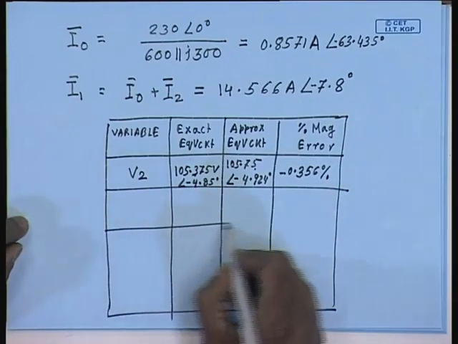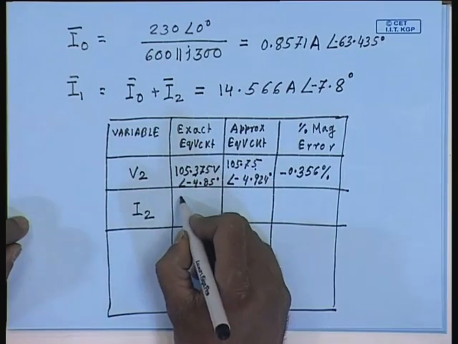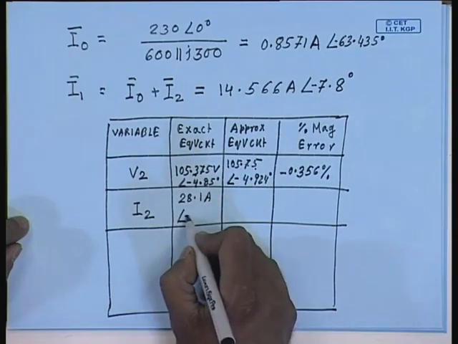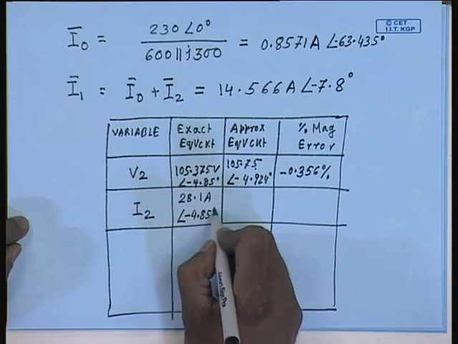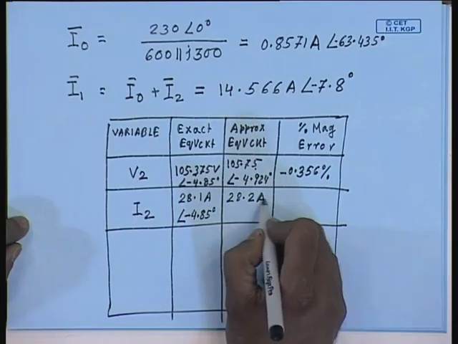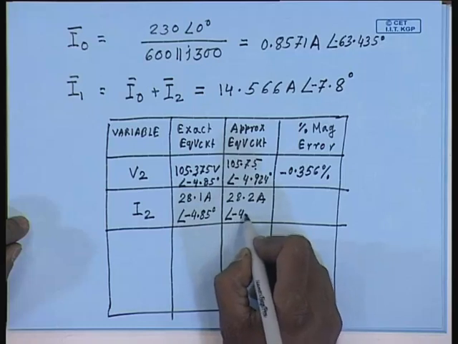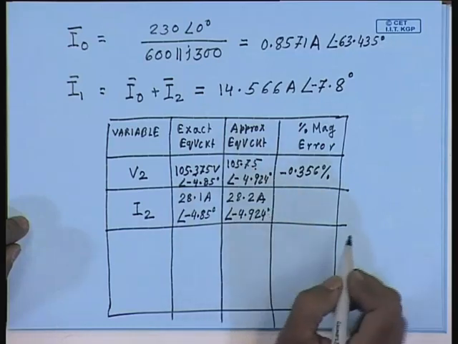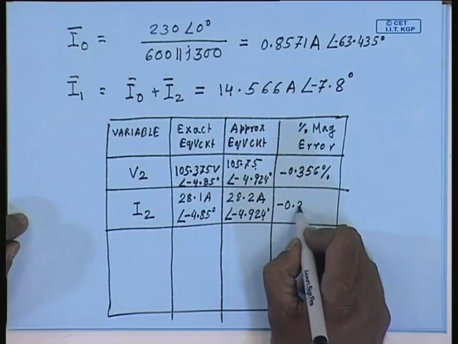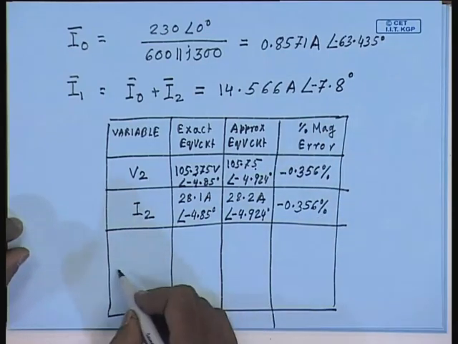For I2, the magnitude was 28.1 ampere, angle was minus 4.8 degrees. Here the magnitude was 28.2 amperes, angle was minus 4.924 degrees. So, again the percentage error in magnitude is just 0.356%. What about I0?